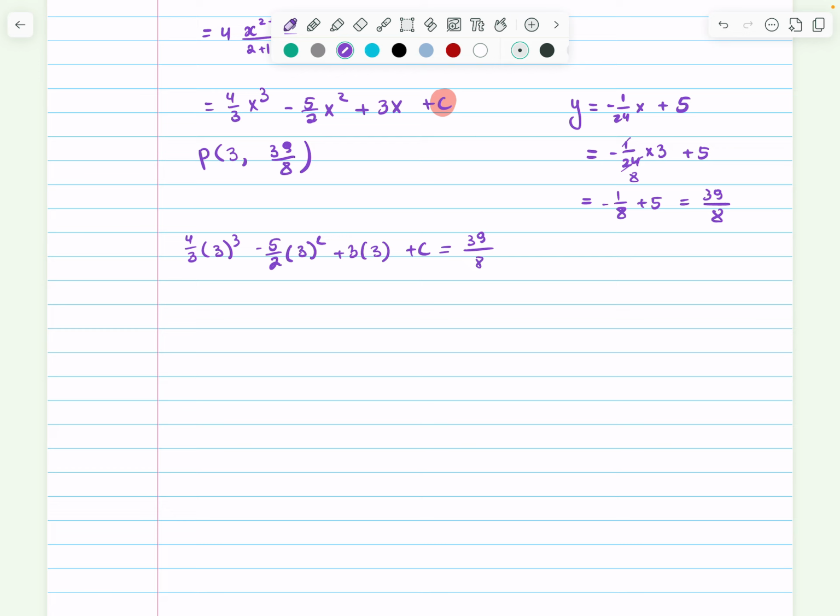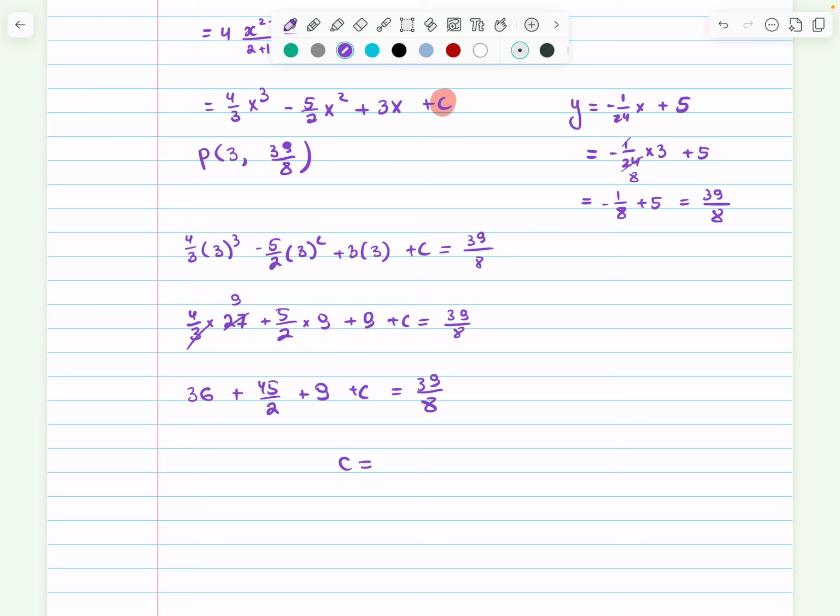Let's calculate this a little bit more. 3 cubed is 27, so 4 divided by 3 times 27 is 36, plus 5 divided by 2 multiplied by 9, which is 45 divided by 2, plus 9, plus c, equals 39 divided by 8.